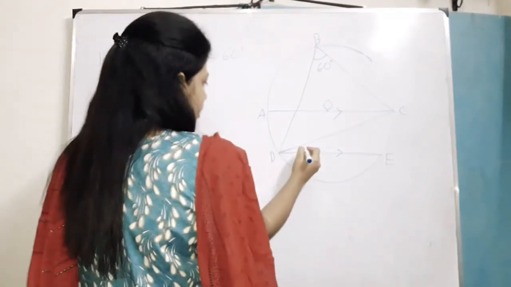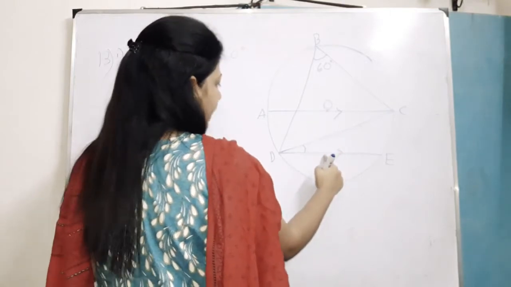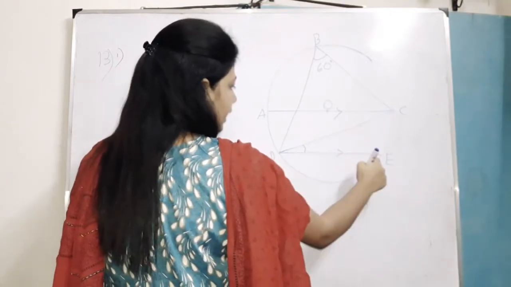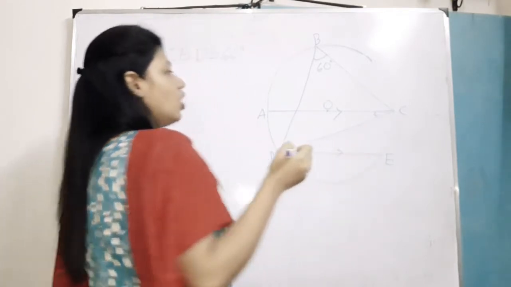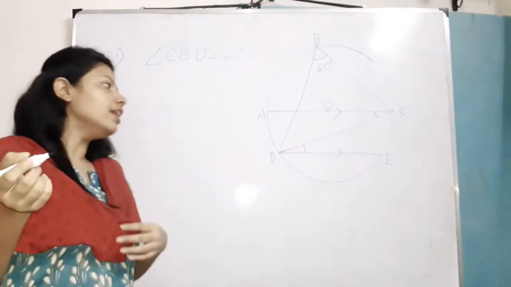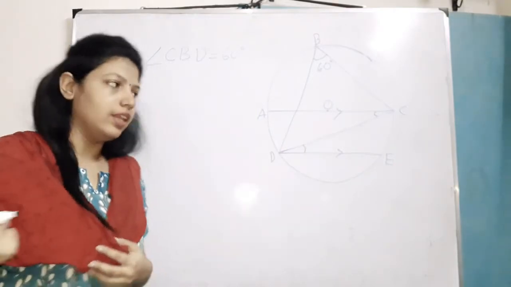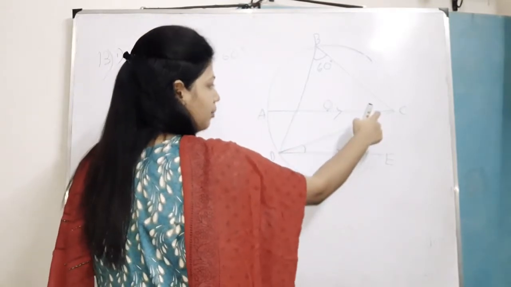We have to find this angle. Now since these two lines are parallel, angle CDE equals angle ACD. Why? Because both of them are alternate angles, and we know if two lines are parallel, then alternate angles are equal. So angle CDE and angle ACD both are same here.